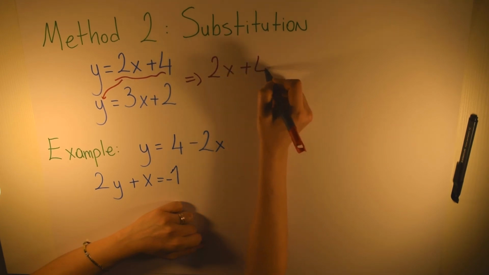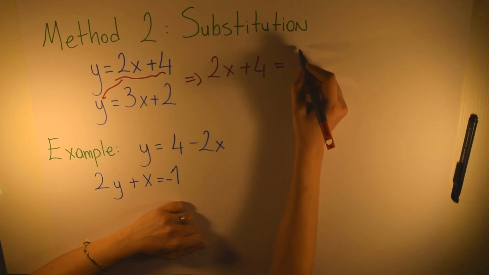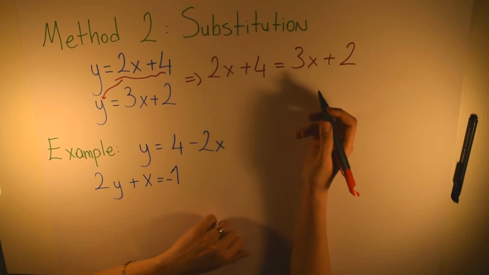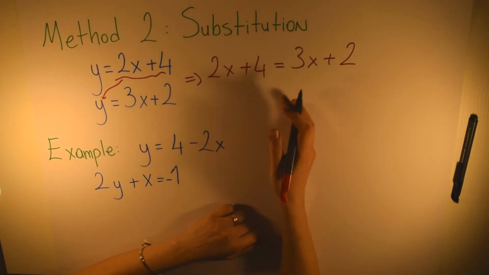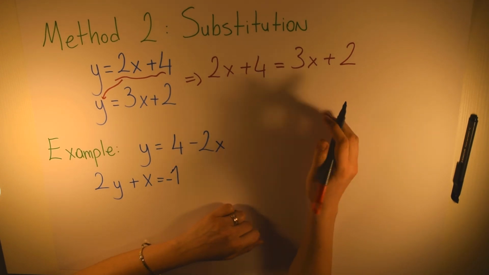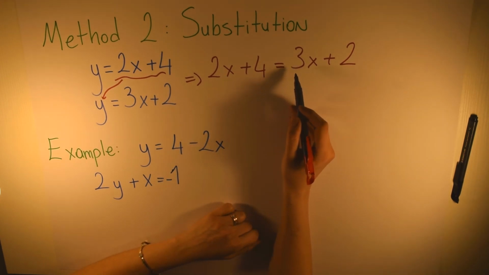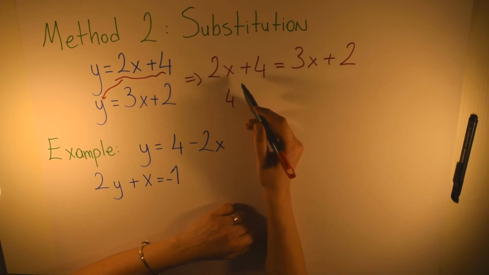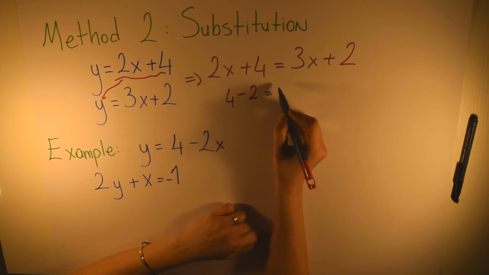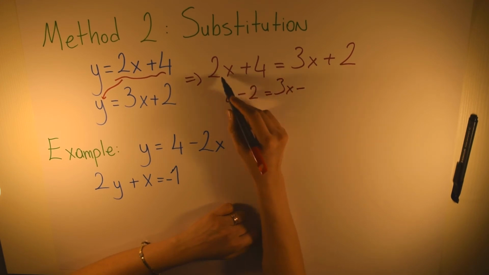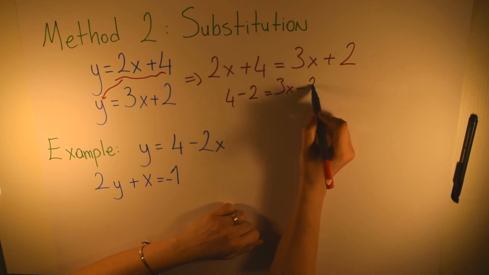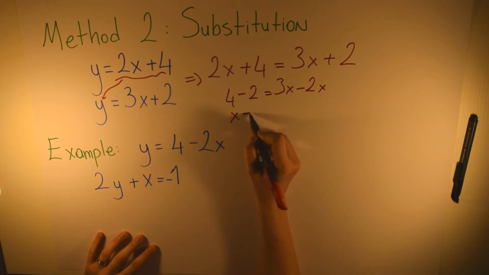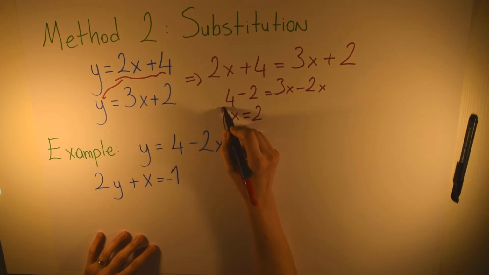So what I get from here, 2x plus 4 is equal to 3x plus 2. So I put the unknowns on one side and the constants on the other side. So from here, I put this plus 2 here, it goes as minus 2, is equal to 3x minus, because this goes as minus 2x, and from here I found x as 2.